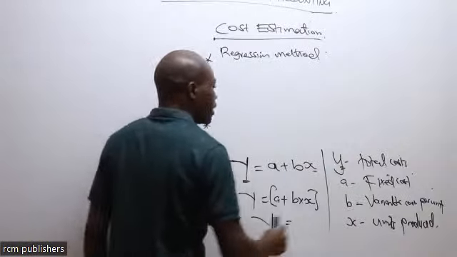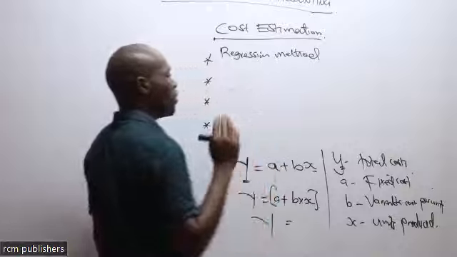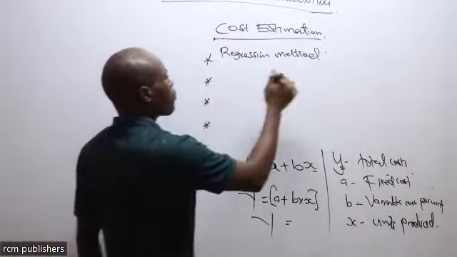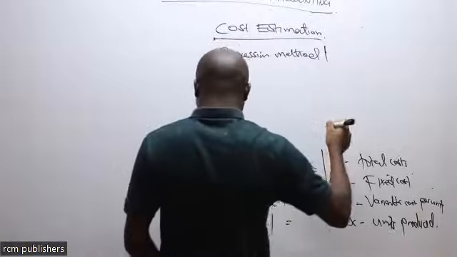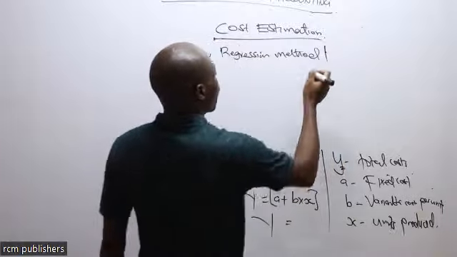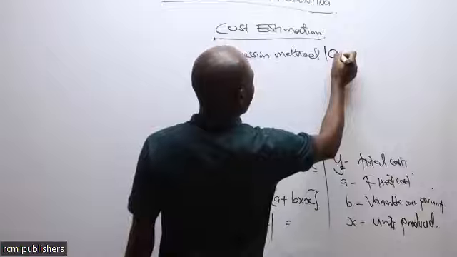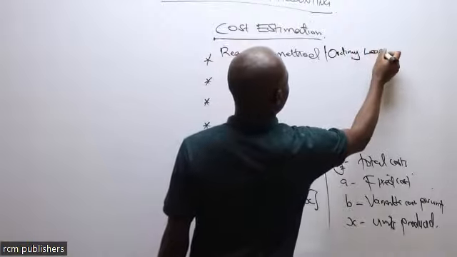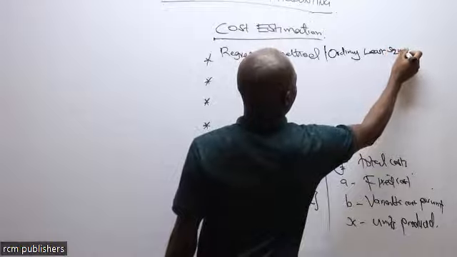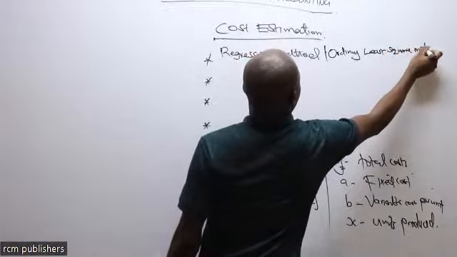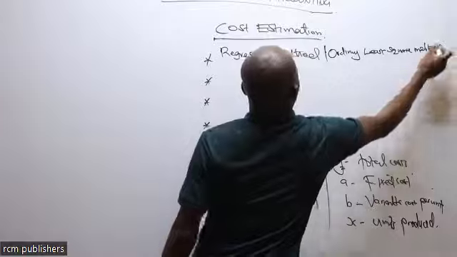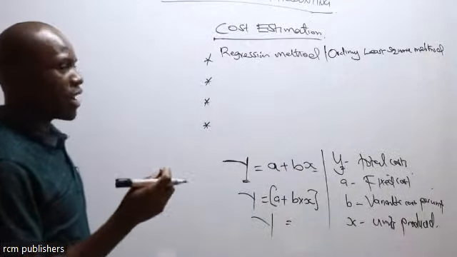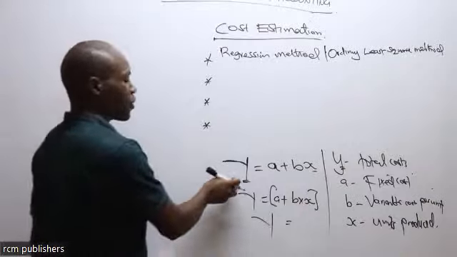So this one here is arrived at using how many methods? These methods that we are mentioning here. We have the regression method. In some books, they are going to tell you that it is called the ordinary least square method. In some books, they will tell us to use the ordinary least square method to give us the cost function.